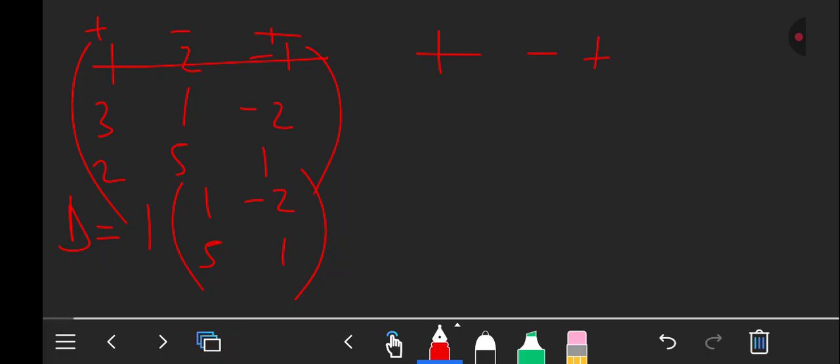Then we come to the next number in the first row, that is 2, with a negative because of the sign table, the leading sign.